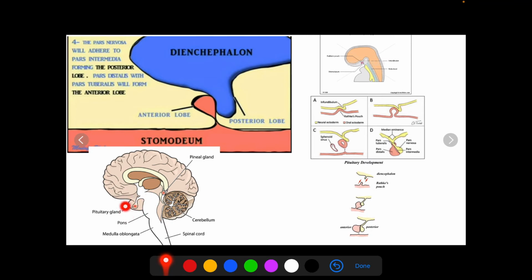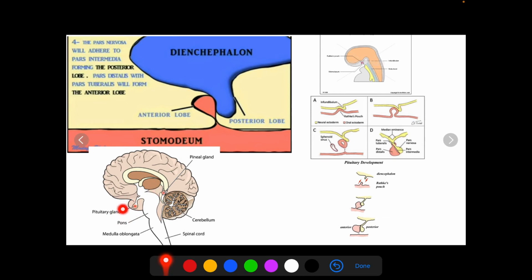Regarding the pituitary gland, it is formed from two areas. As we see, the pituitary gland is anterior to the encephalon and posterior to the pharynx. So it will be like that. There will be a bulging from the encephalon, and also an elevation from the pharynx.